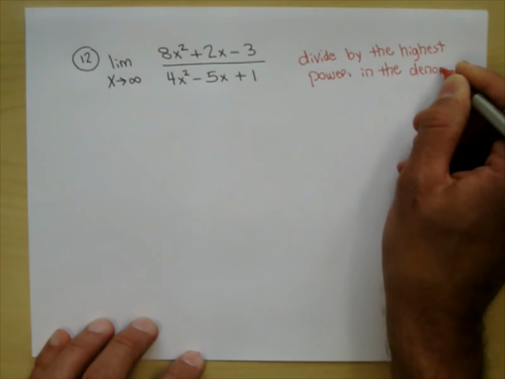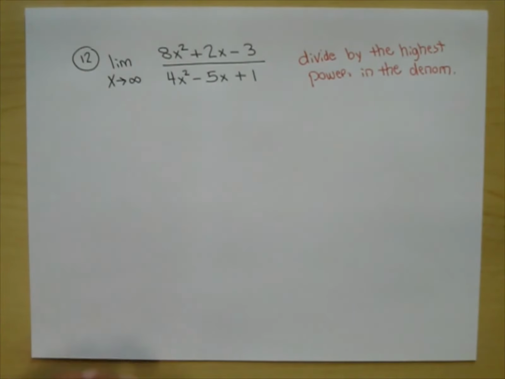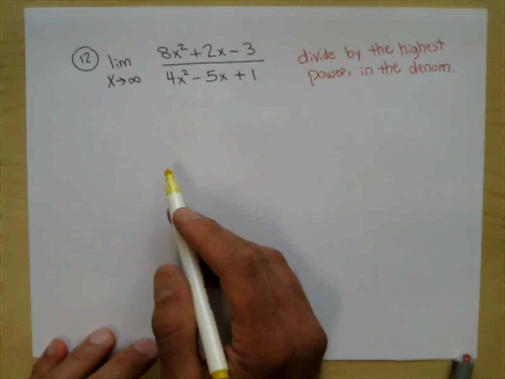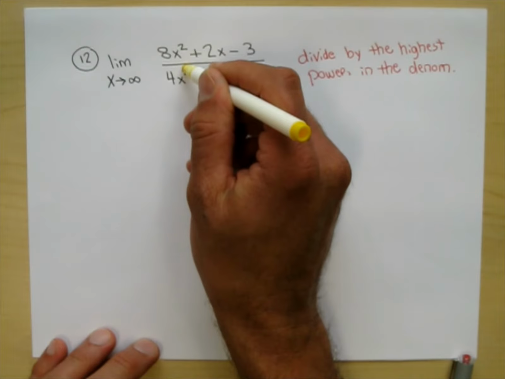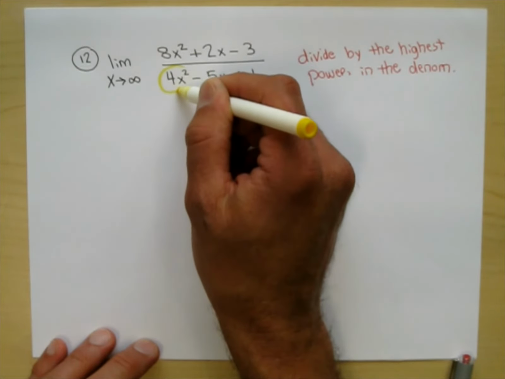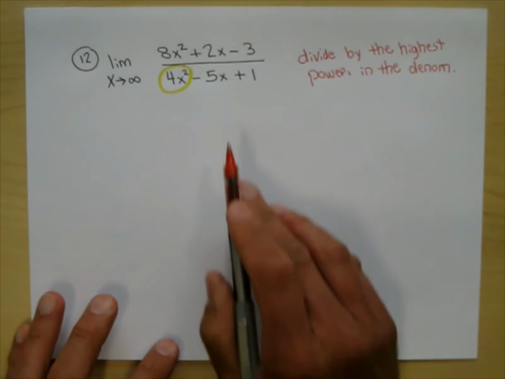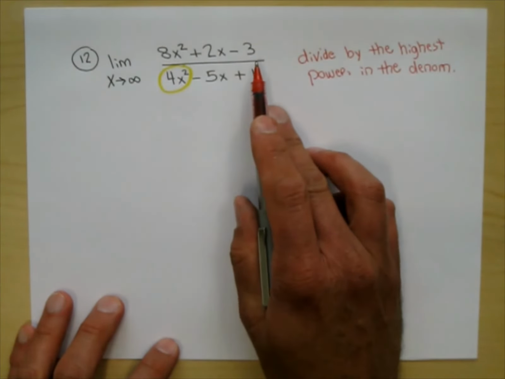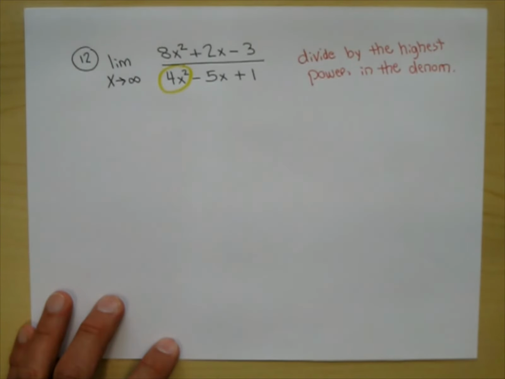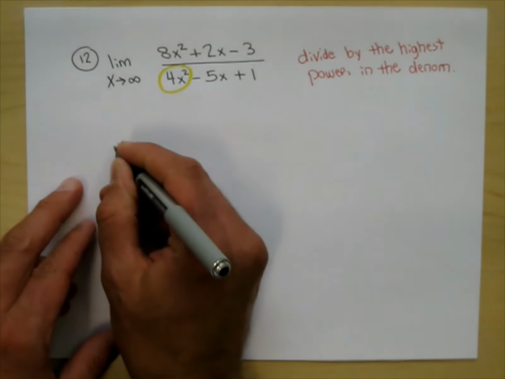If you forgot denominator, that's the bottom. So the highest power in the denominator happens to be this guy right here. So I'm going to circle this because that's what we're looking at there. So what I'm going to do, so I mean this does tend to go infinity over infinity. I'm going to go like this.